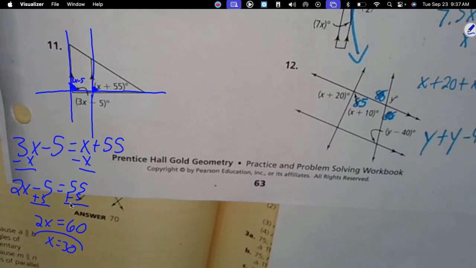It asked me for x, and it also asked me to find each angle. So what is 30 plus 55? 85. And if this one's 85, then what's the measure of this one? It's also 85, because corresponding angles are equal.